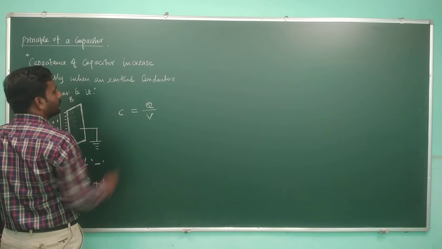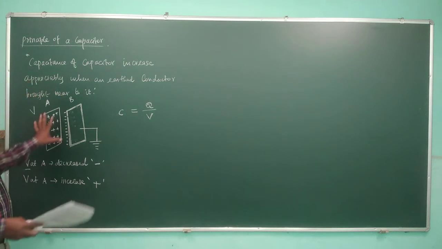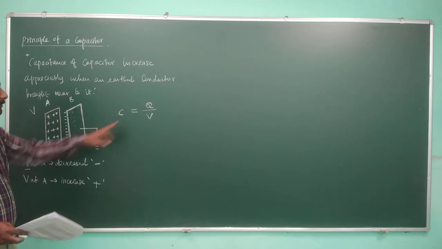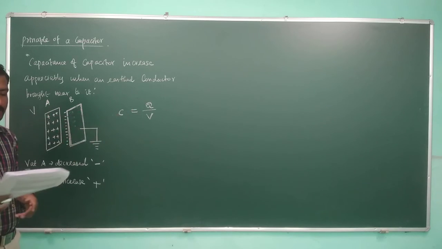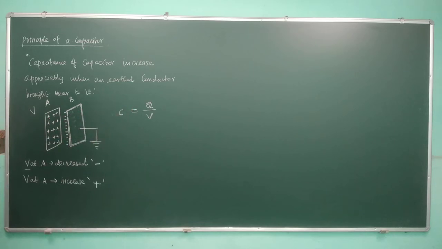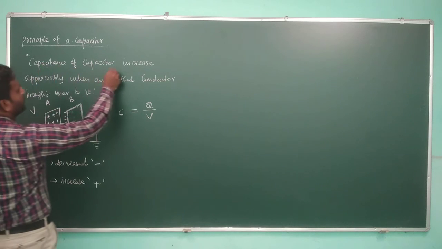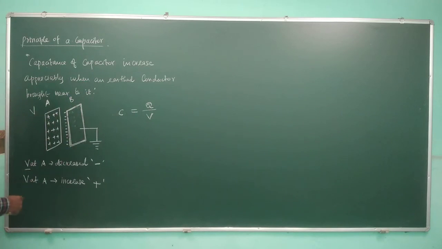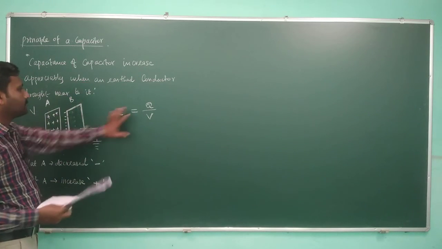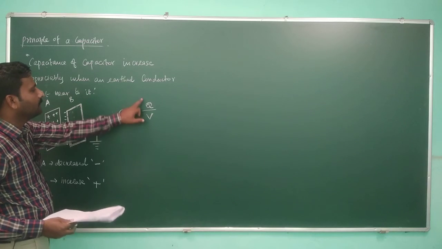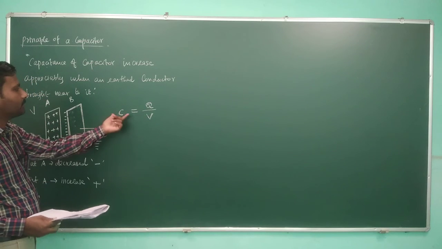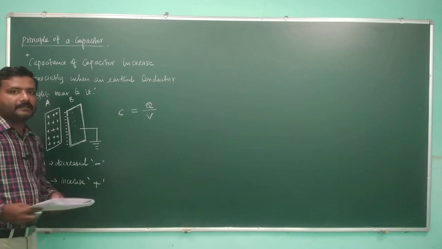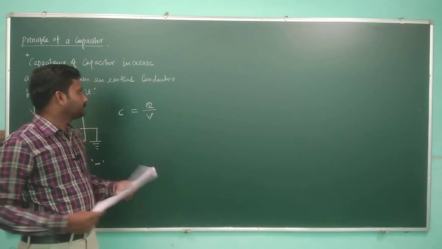The amount of charge stored in this capacitor will be increased. When V decreases, Q will increase, so the capacitance of a capacitor increases appreciably when an earthed conductor is brought near to it. If V decreases, then the ratio between Q and V will be higher, so C will be higher. This is a very simple principle of a capacitor.